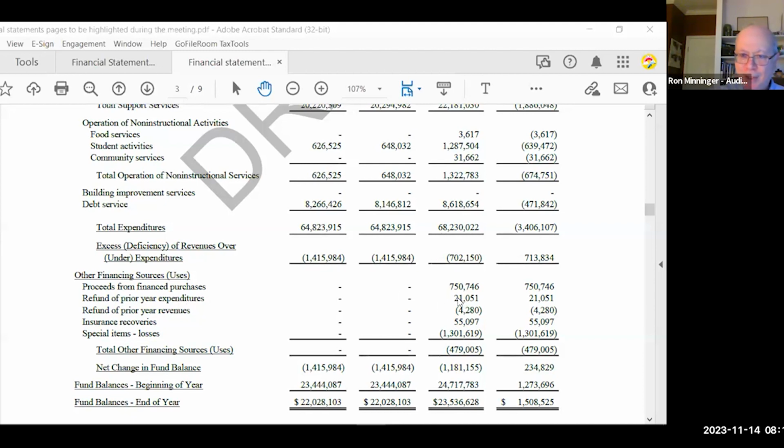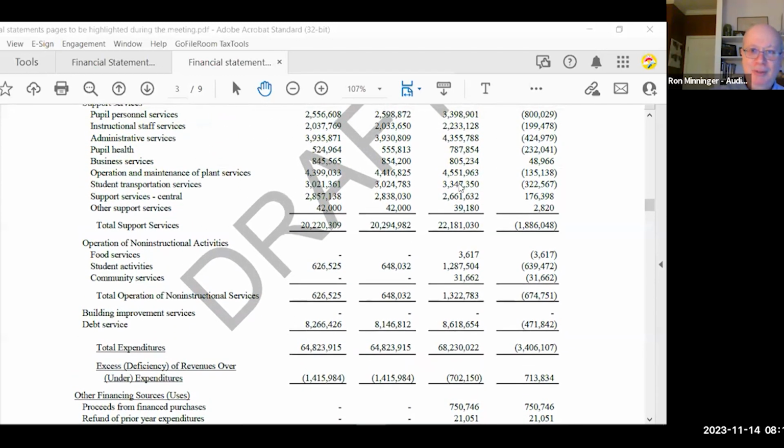Can everyone see my cursor as I move it? Good. So there's $750,000 in other finance sources, and then there's $750,000 of expenditures in this area here. So that contributes to the fact that you are over budget on expenditures. Same thing happened last year.